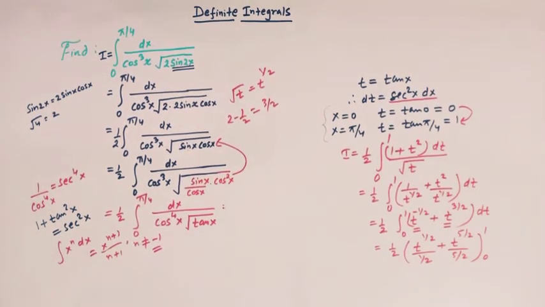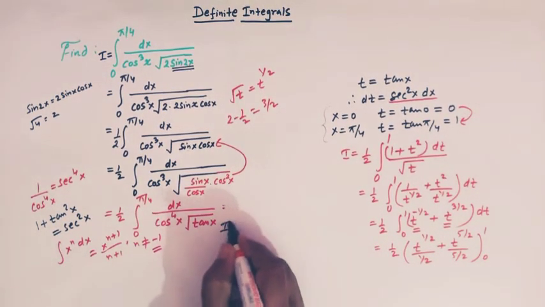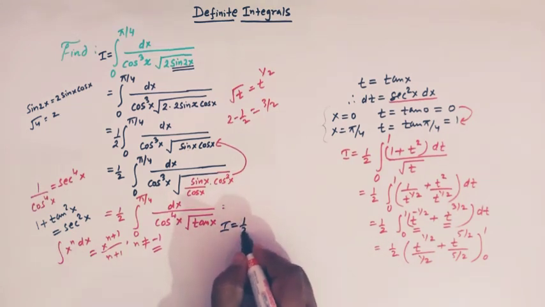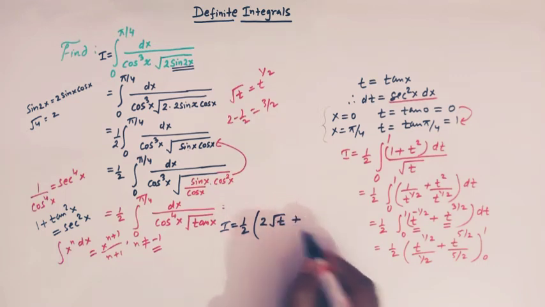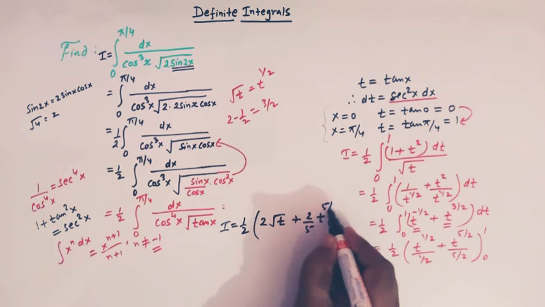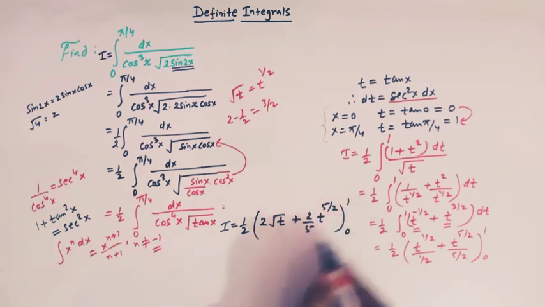The value of I is half, and here we have 2 times square root of t plus 2 over 5 t raised to 5 by 2, from 0 to 1.